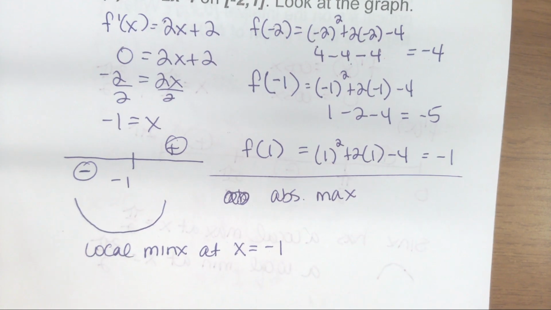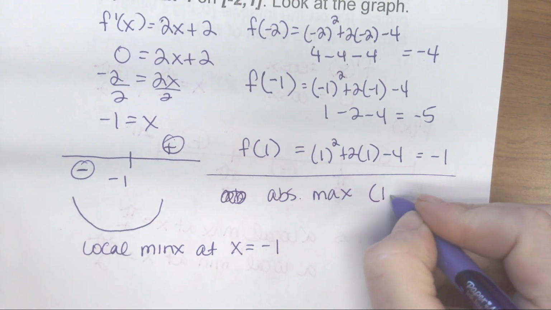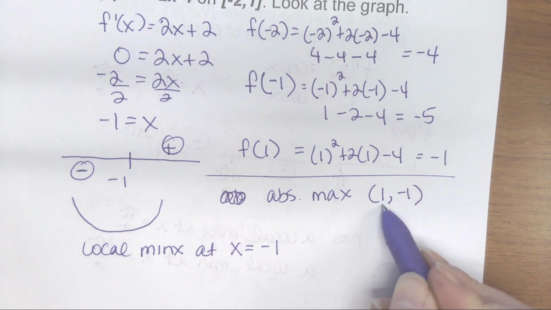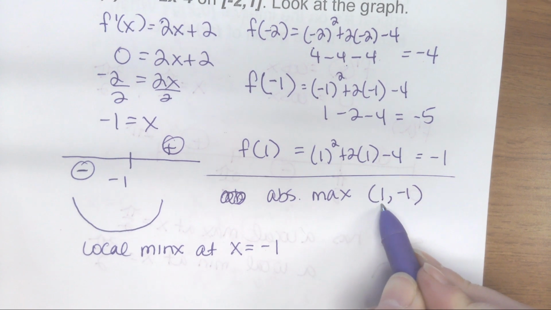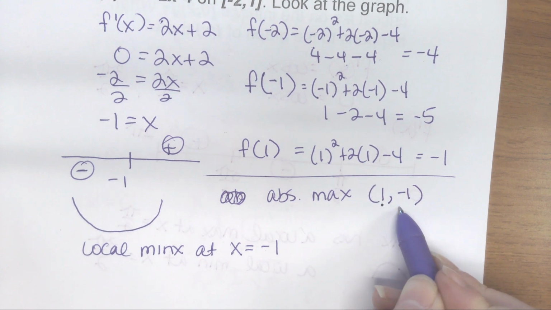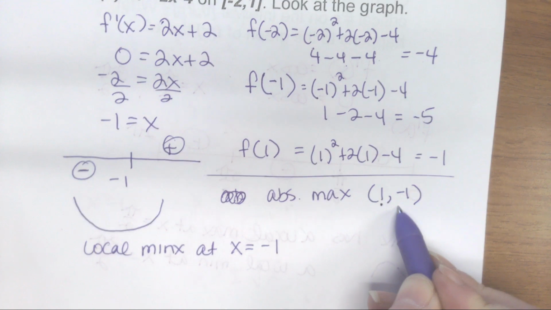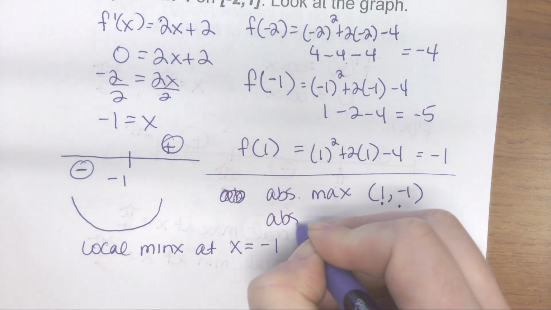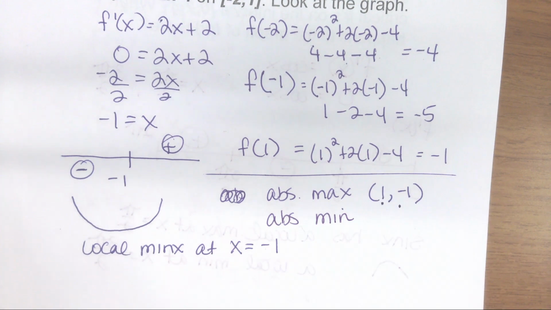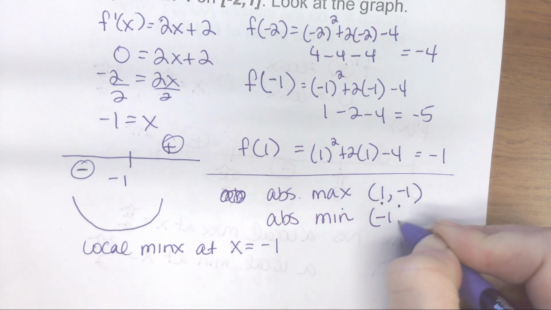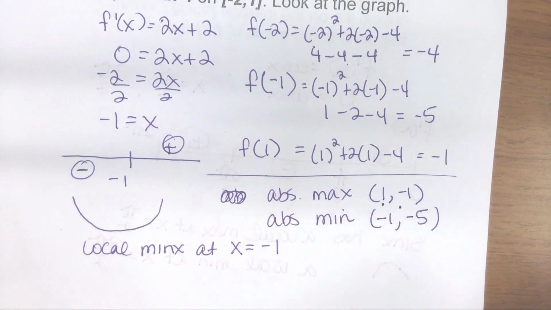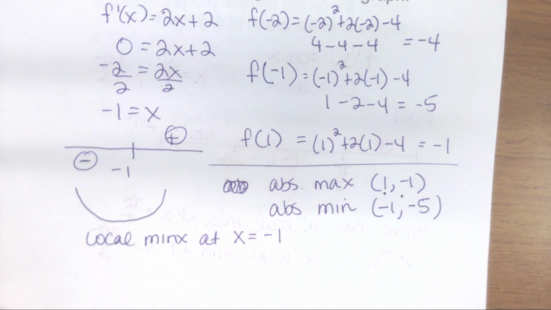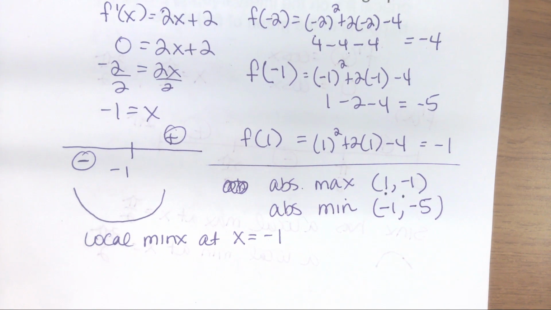Yep, it occurs at 1 and the value is negative 1. So if I asked where it occurred, it would be at x equals 1. If I asked what the max was, you would tell me negative 1. Okay? And what's the absolute min? It occurs at negative 1 and the absolute min is negative 5. And I did all of that with not one time looking at the graph, only using calculus.